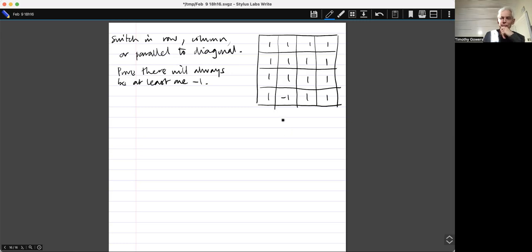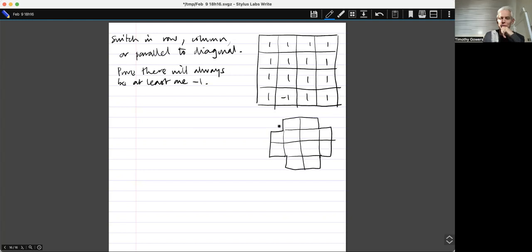We might as well just have the figure that looks like this. Because if we can't prove there's going to be a -1 inside here, then we're doomed, because we can't rely on there being a -1 in the corners, because we can always change the signs in the corners.